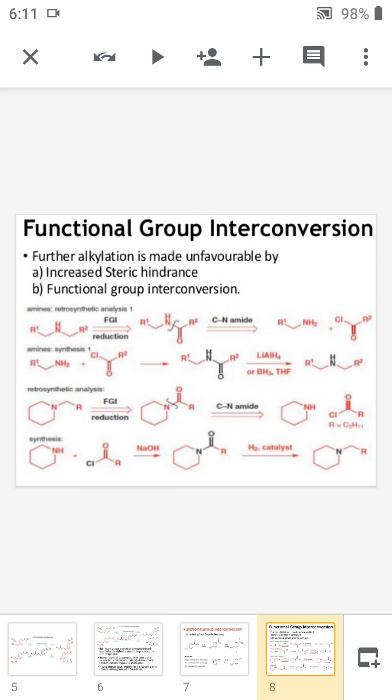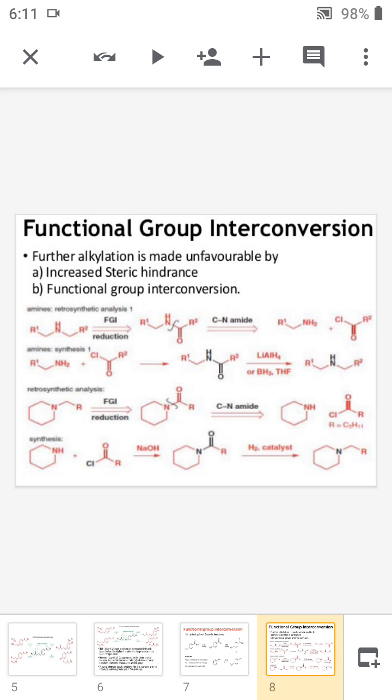Now, the next point is that retrosynthetic analysis is used for creating some of the more active groups. For example, if we have to synthesize a secondary amine by retrosynthetic analysis, according to our rule, we have to disconnect the C-N bond and we will get a primary amine and a hydrocarbon halide.